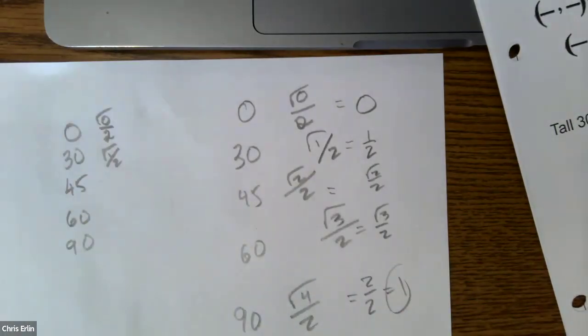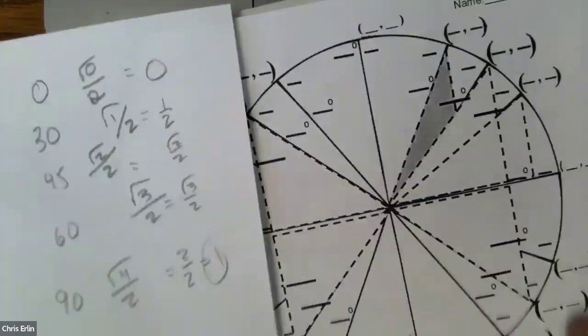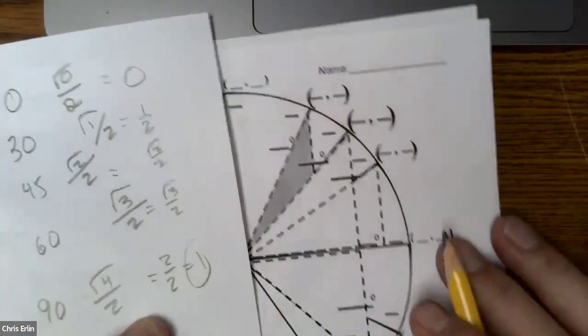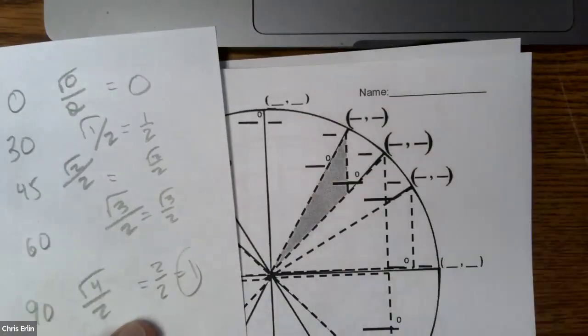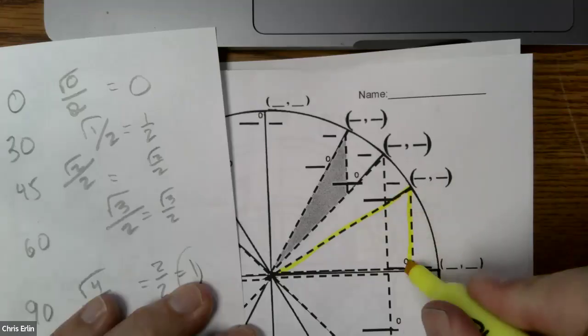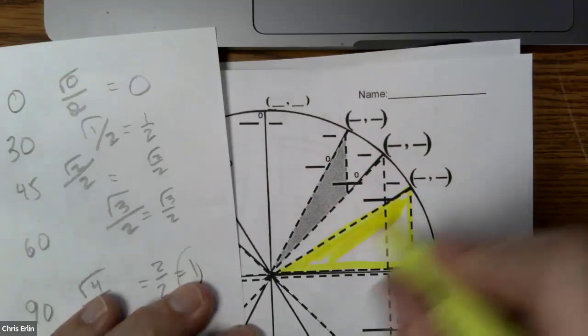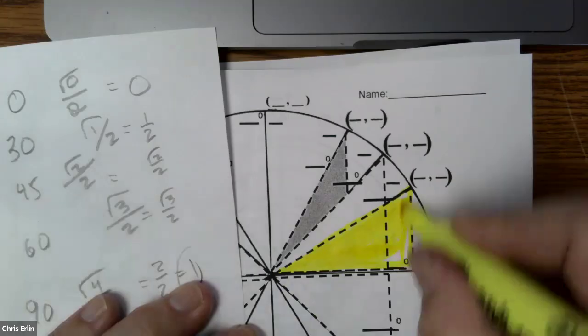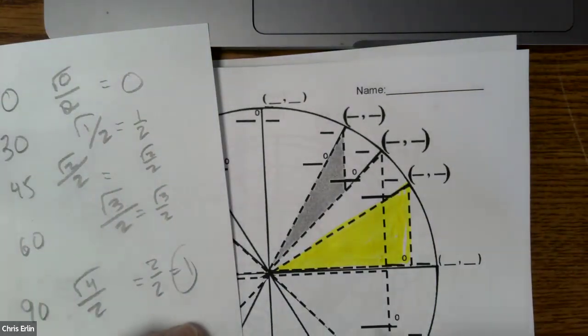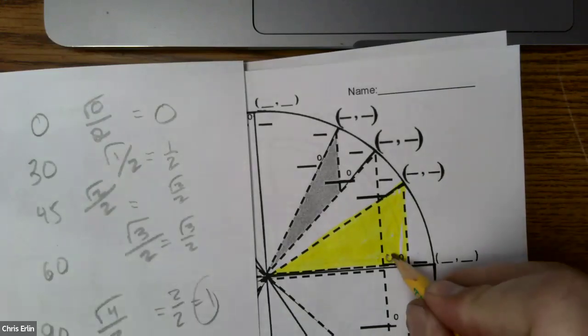What this does for us is it allows us to fill in the x values or the y values for the coordinates around the circle. Let's take a look first at what I'm coloring as a yellow triangle. The smallest angle measure we've got is 0 degrees, right?